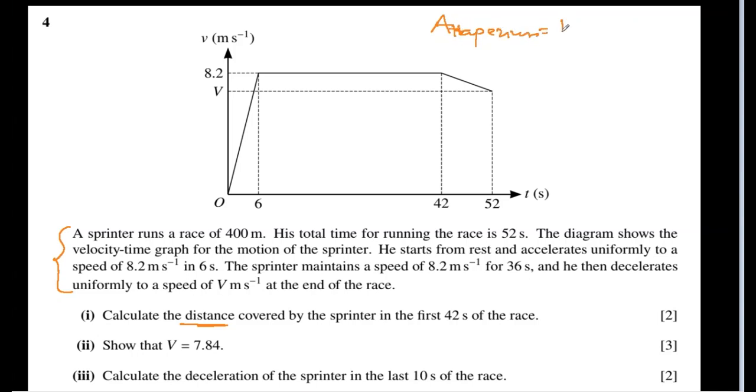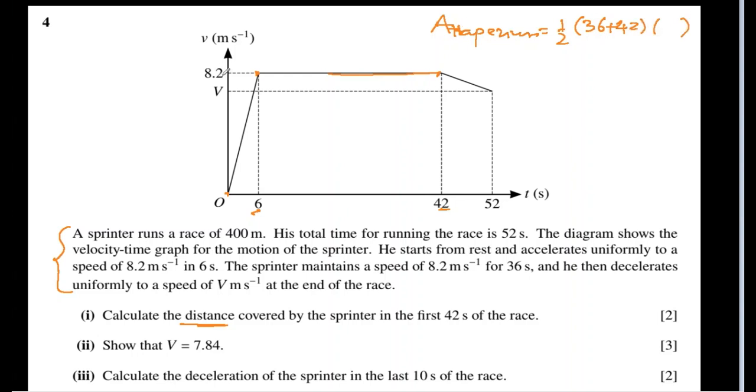It is half the first parallel line. This is the first parallel line from here till here, which is 6 to 42, 36. Plus the second parallel line, which is starting from here and ending at 42, so that becomes 42. And then multiplied by height.